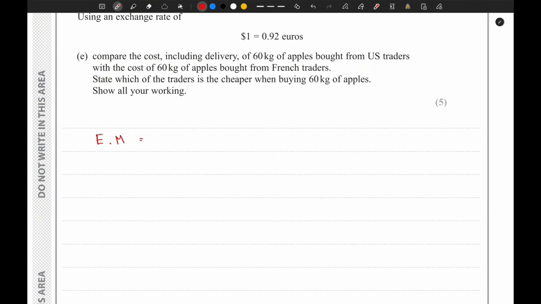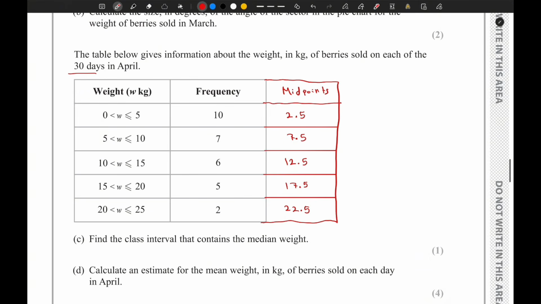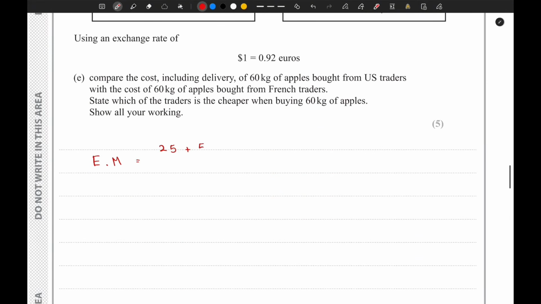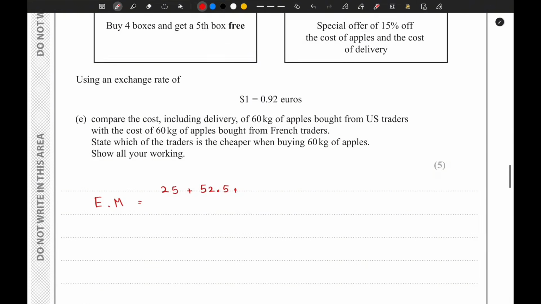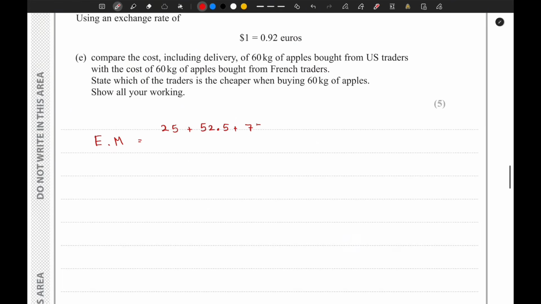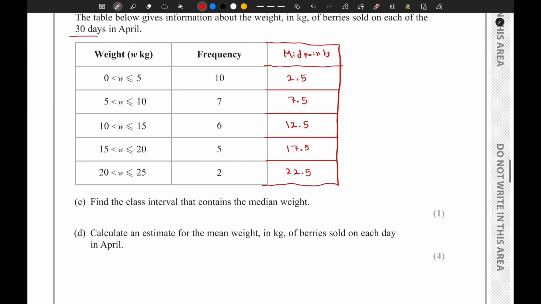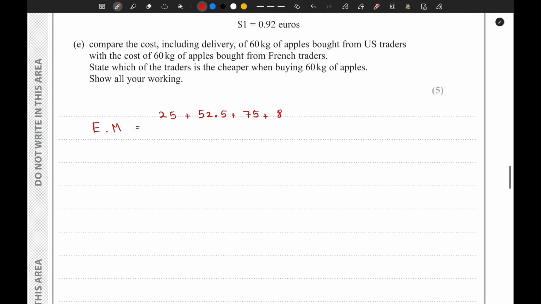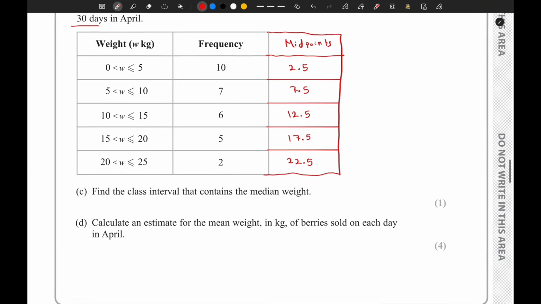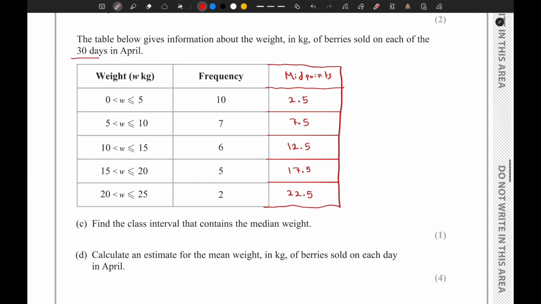So the estimated mean will be 25 plus 7 times 7.5, which is 52.5, plus 12.5 times 6, that gives us 75, plus 17.5 times 5, which gives us 87.5, and plus 2 times 22.5, which gives us 45.